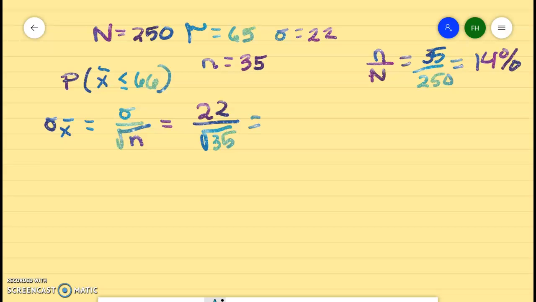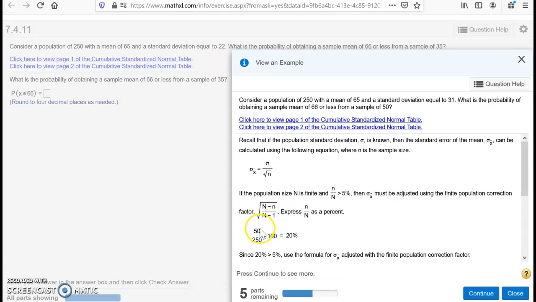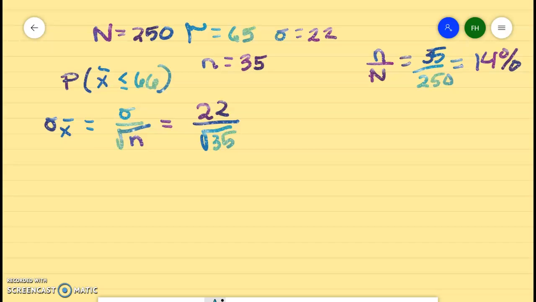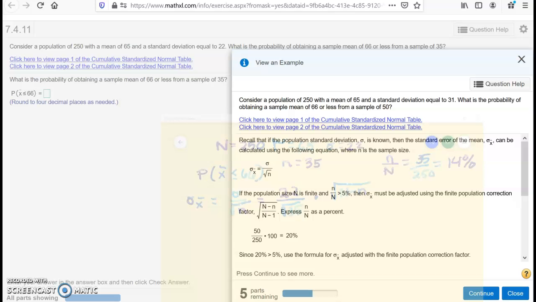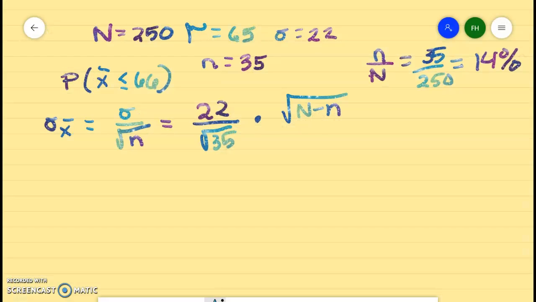So that is definitely greater than 5%. So what we have to do is multiply the standard error of the mean by the population correction factor, the square root of N minus n over N minus 1.